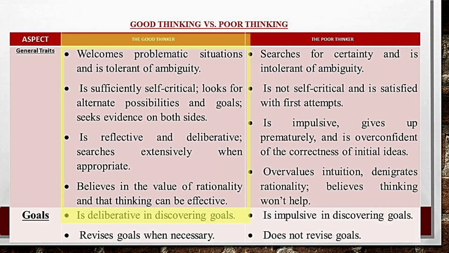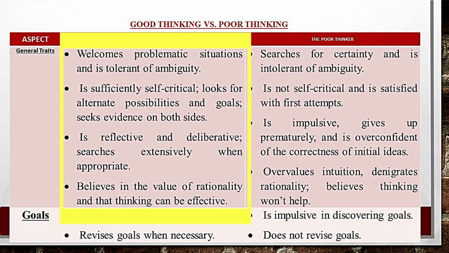Till now, we found that the good thinker welcomes problematic situations, is tolerant of ambiguity, is self-critical, and searches for alternative possibilities and goals.